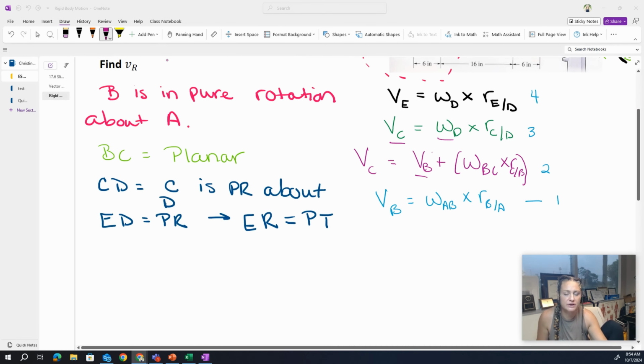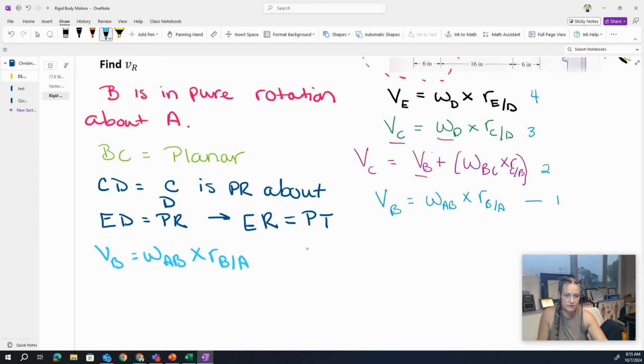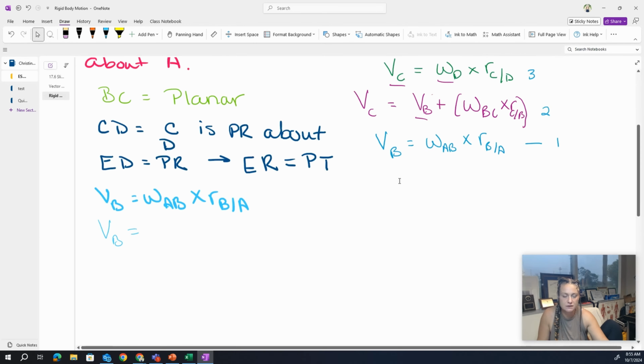Start with our first equation. VB equals omega AB cross RB with respect to A. VB is what we're looking for, so I don't know that. But I do know omega AB. Omega AB was given to us as 10 radians per second.